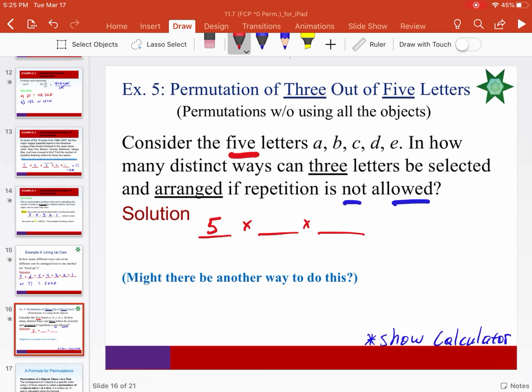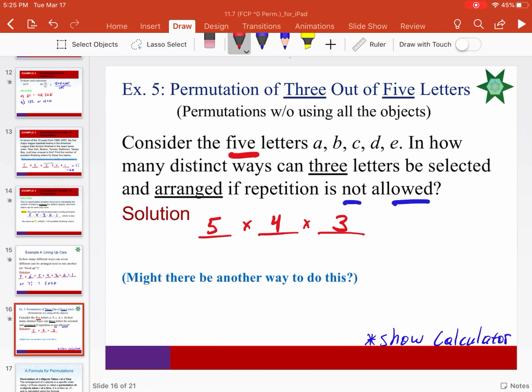Okay, so I have 5 choices, and then 4 choices, and then 3 choices. So notice this doesn't go all the way down to 1. This is not 5 times 4 times 3 times 2 times 1. And this is where the factorial can't take this situation into account. This required the fundamental counting principle. So please keep that idea in mind as you're working your homework problems.